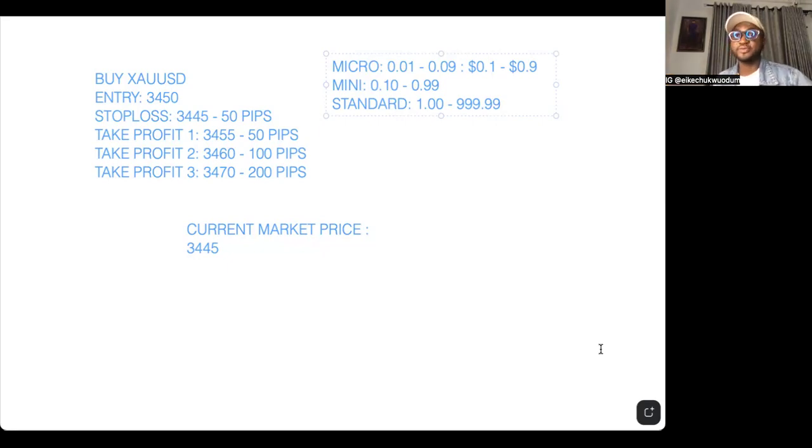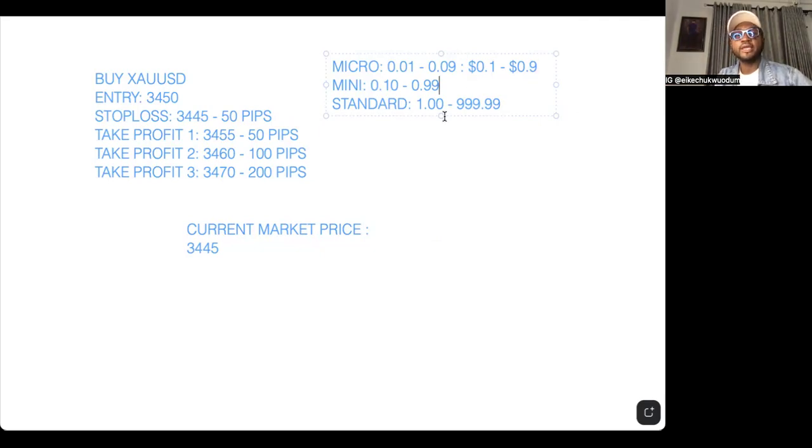So one thing you also want to try to do, even when you take trades, is modify your trades to suit your lot size, so that your lot size and the pips you're risking on that trade can match. You can always tweak things. And even when you begin to take trades on your own as an independent trader, this is something you must consider. What am I risking and what am I getting? What is my risk and what is my reward?